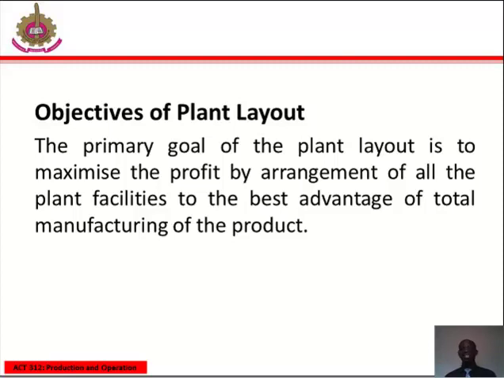It facilitates the manufacturing process, maintains high turnover of in-process inventory, minimizes materials handling and costs, and ensures effective utilization of men, equipment, and space. It makes effective utilization of cubic space, and flexibility of manufacturing operations and arrangements is possible.